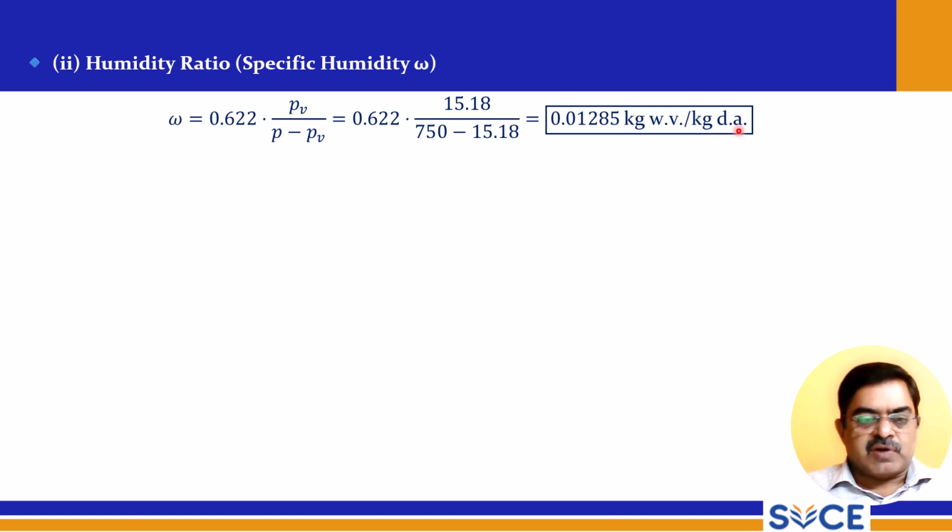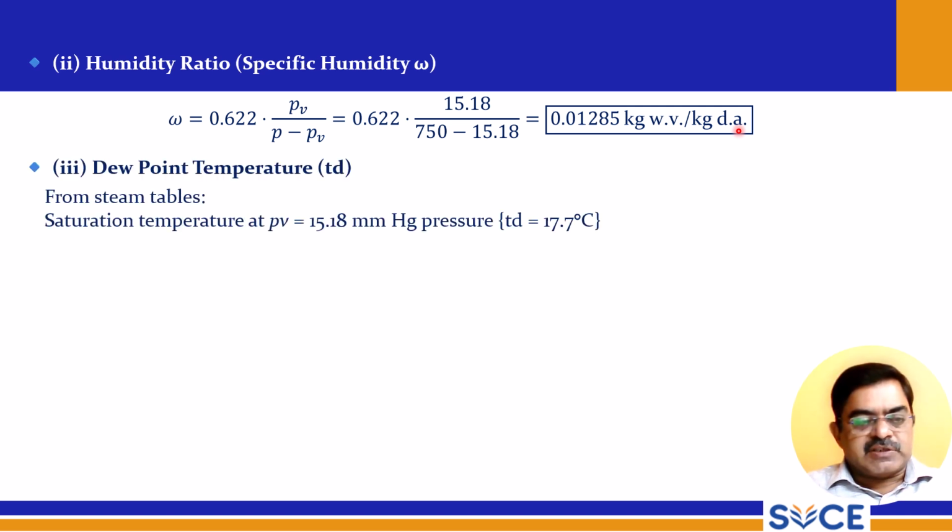So this is omega. And dew point temperature TD from steam tables. So all of you carry steam tables to the exam. The saturation temperature at PV equal to 15.18 mm Hg pressure gives TD. So TD is equal to 17.7 degrees Celsius.